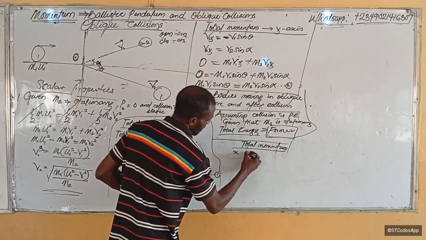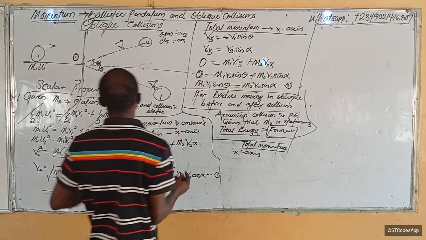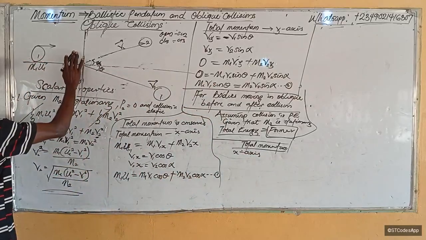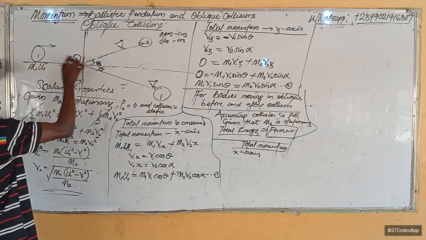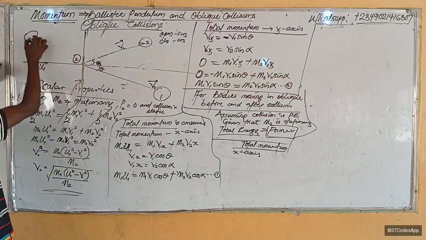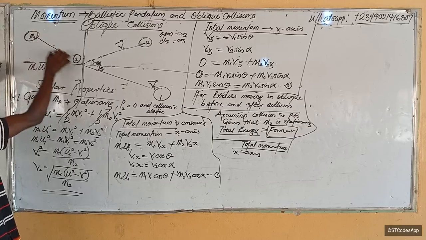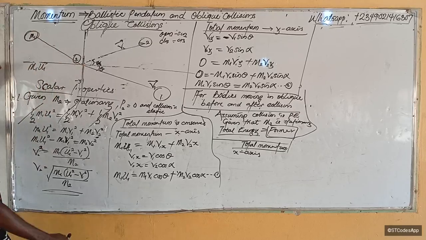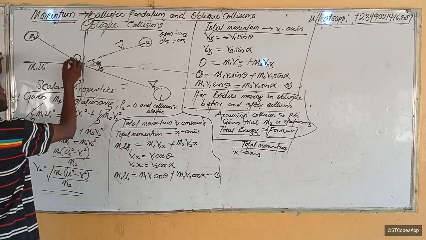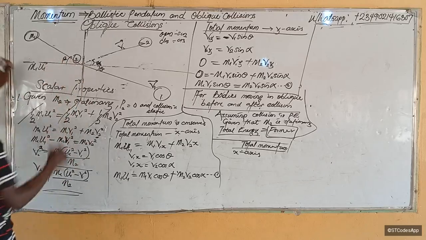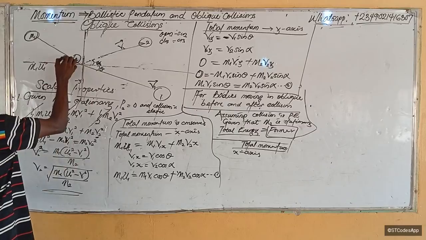So for the x-axis, this is a case where body 2 was resting. Body 1, M1, is now coming from an angle like this. Let's call this angle beta. This angle is different too.